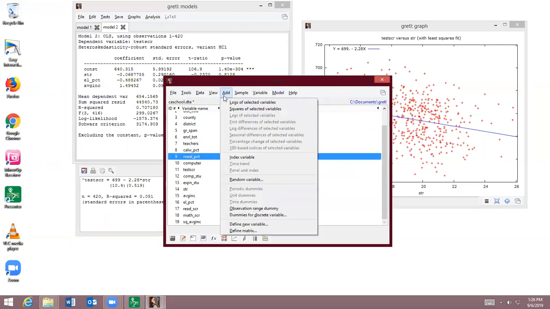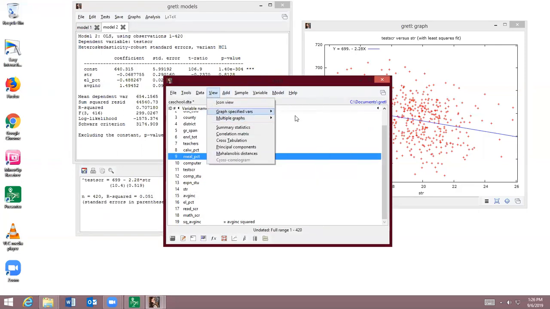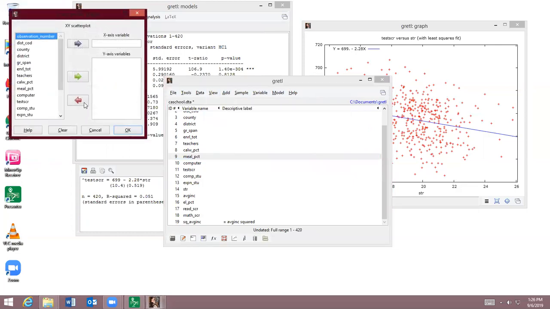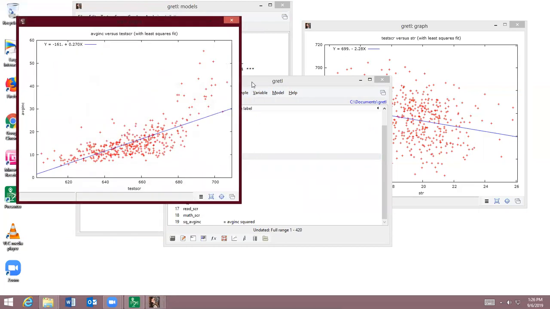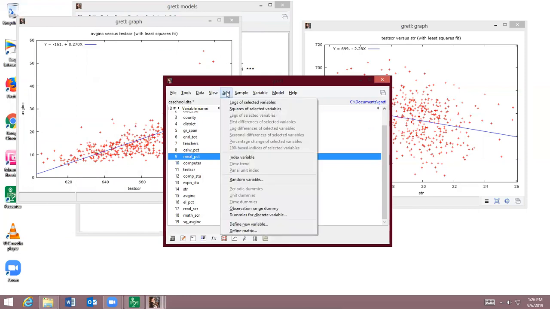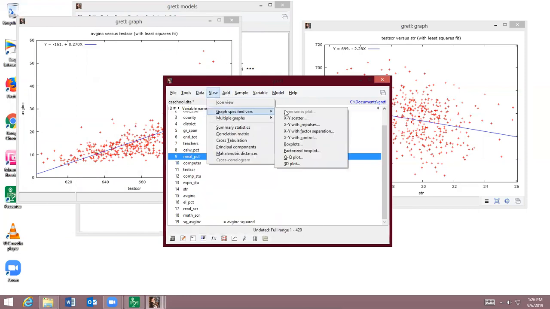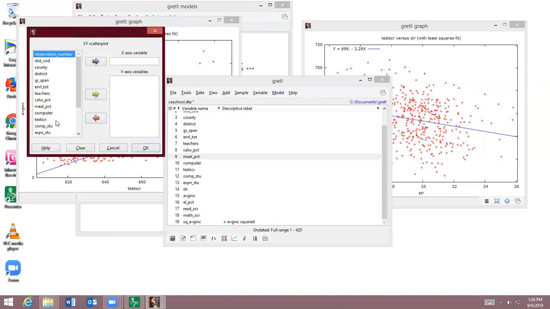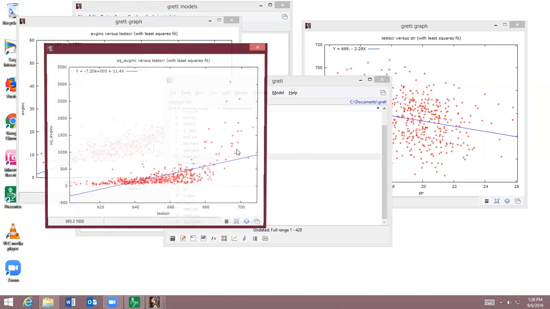Okay, so real quick, let's take a look at a graph of test scores and average income. That doesn't look linear, right? Now let's take a look at test scores and the square of the income.